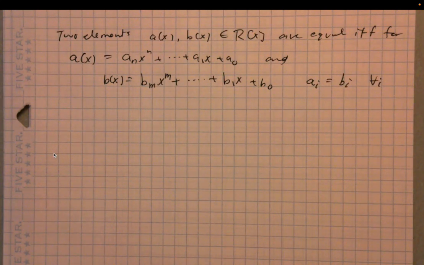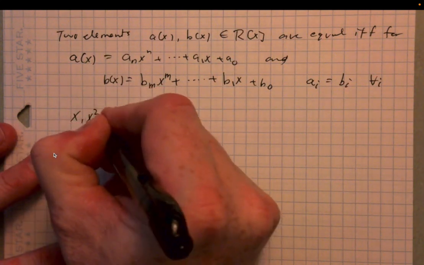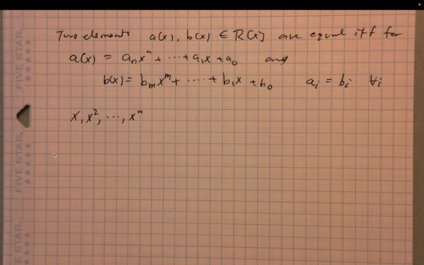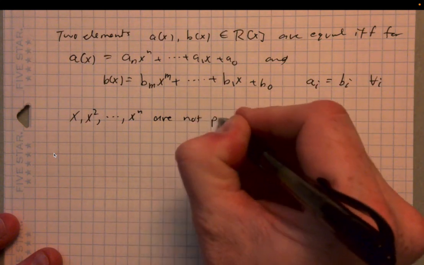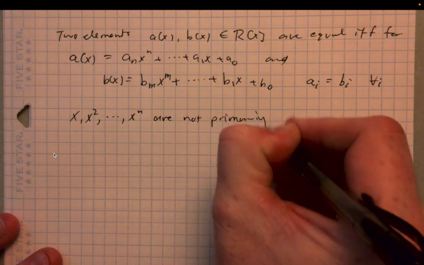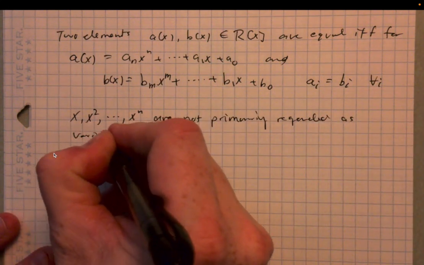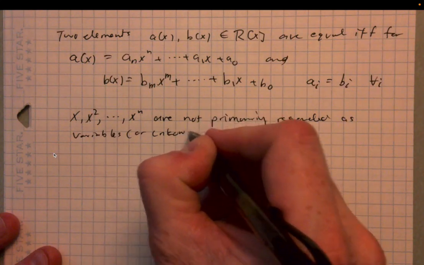In this definition, the symbols x, x squared, ..., x to the n, their primary role is not that of variables, or unknowns, however you want to articulate it.